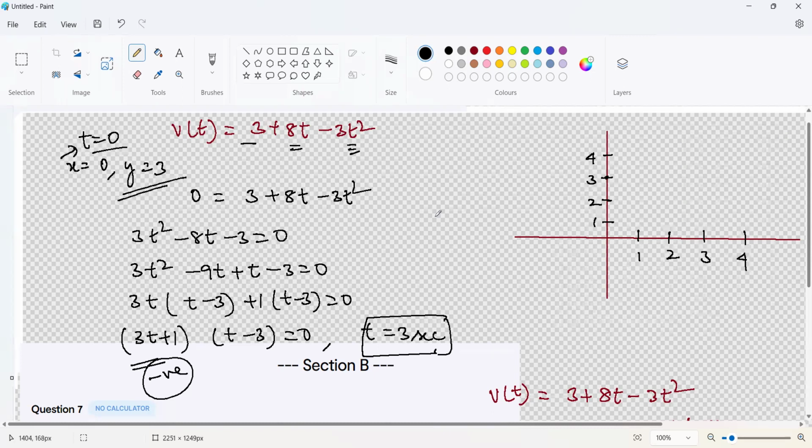It will start from here. And it is maximum at t equal to 4 upon 3, which is something greater than 1. And it comes to 0 at t equal to 3. So it looks like this. This is the curve we can draw.